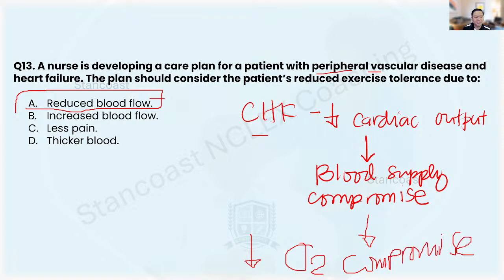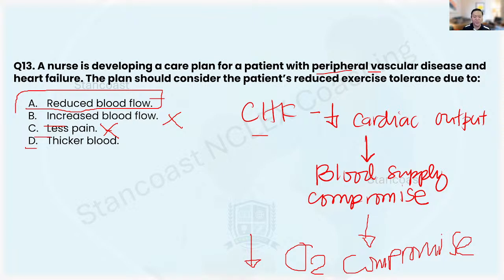So if you had answered increased blood flow, immediately cross that because we don't have increased blood flow in a case of CHF and also the peripheral vascular disease. It's not associated to that. Less pain. Well, pain will typically increase, especially in a case of peripheral arterial disease, like the intermittent claudication. It will be aggravated by the activity. So less pain is wrong. Remember about the intermittent claudication.